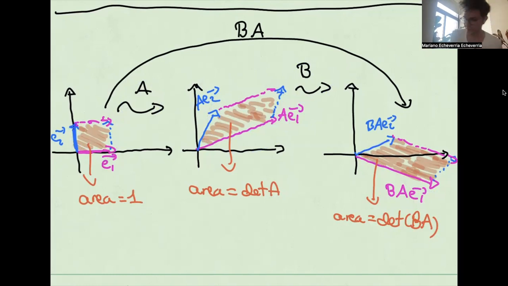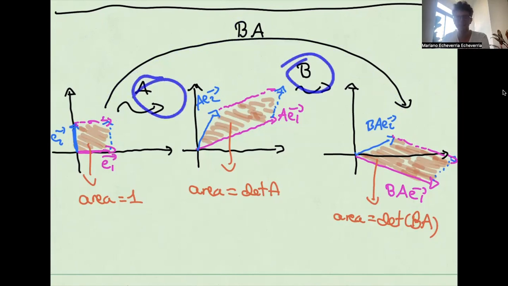And you can think about it as a single process where you go from the original square to this one using the product matrix. That's the idea of matrix multiplication. Essentially, that's the point of multiplying matrices: it represents the concatenation of two processes.